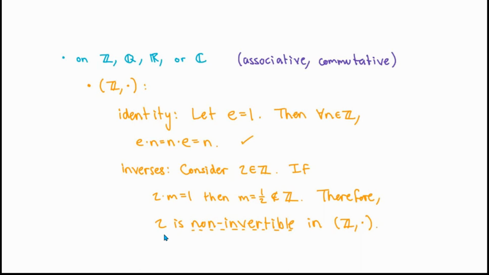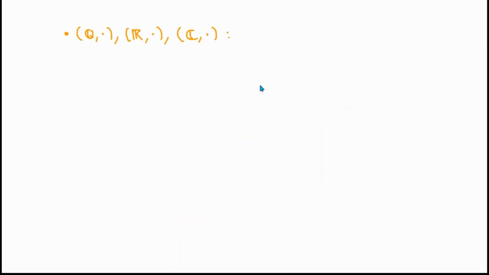Therefore, 2 is an example of an integer which doesn't have an inverse with respect to multiplication. We can call it a non-invertible element in the integers with respect to multiplication. Since there are some elements which don't have inverses, the integers together with multiplication turns out to not be a group. Well, let's see if the story is any different when we consider the rationals or the reals or the complex numbers under multiplication.